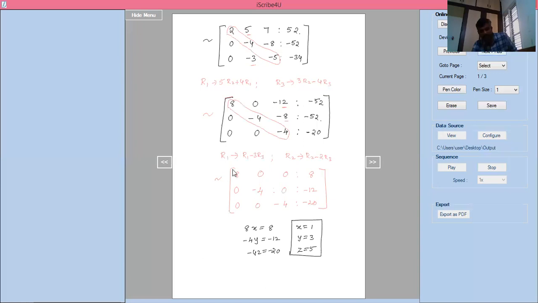This is the diagonal matrix you will get. So x equal to 1, y equal to 3, z equal to 5. In the same way, any kind of problem you can simplify by using the Gauss elimination and Gauss Jordan methods. This is the procedure we can use to simplify all kinds of problems in elimination and Jordan.